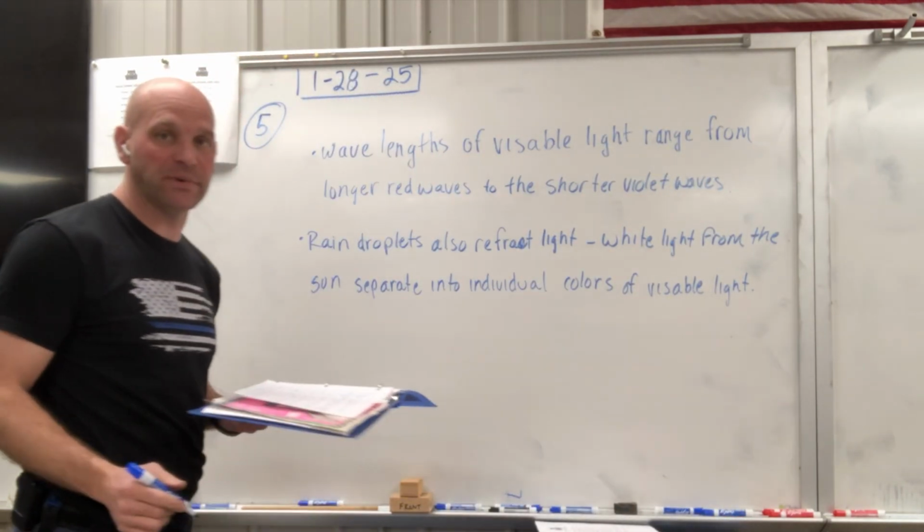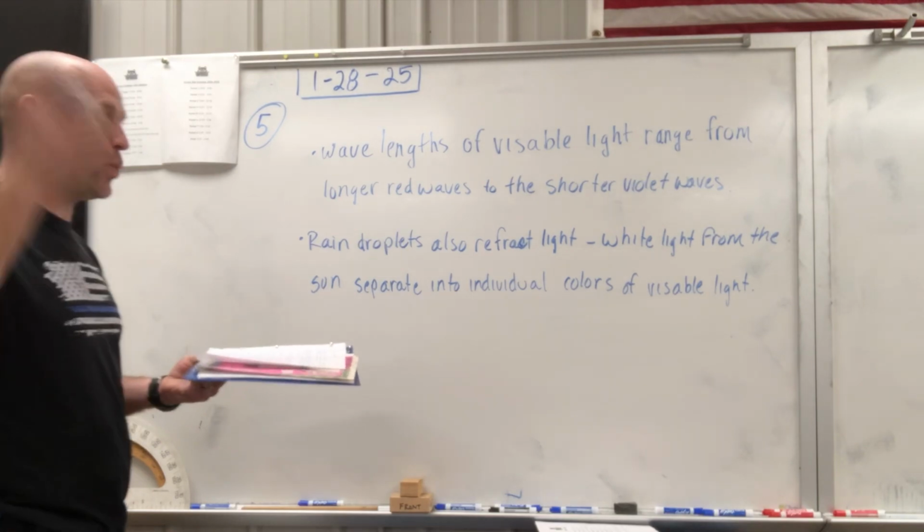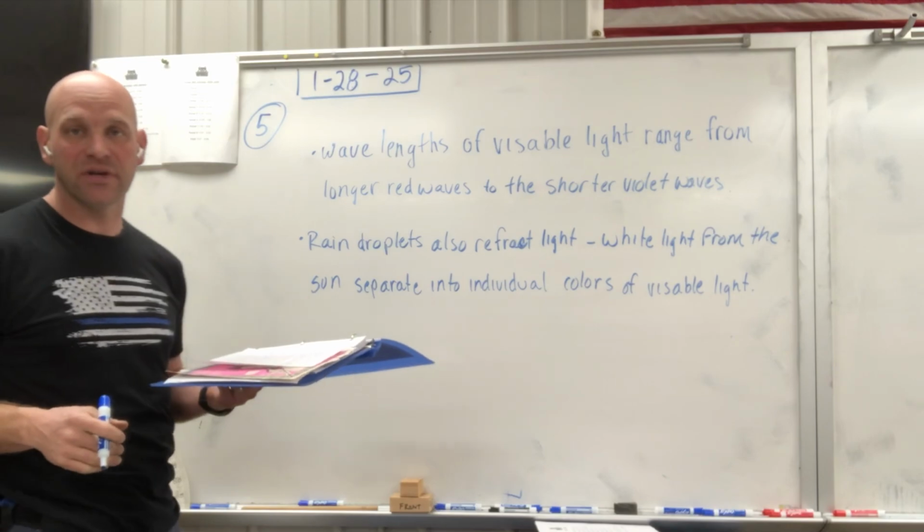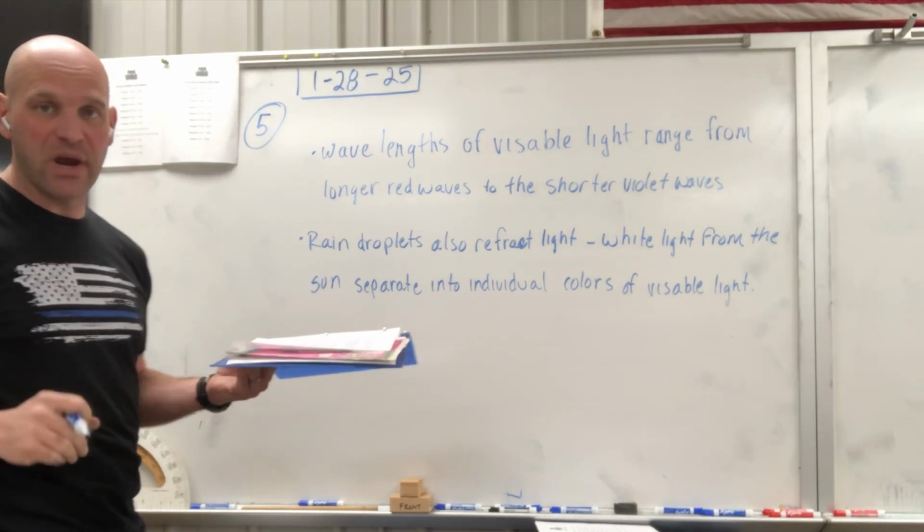So rain droplets refract the light where the white light from the sun separates into individual colors that we see when we see a rainbow.